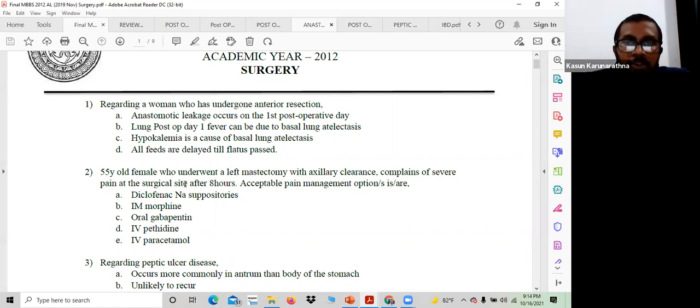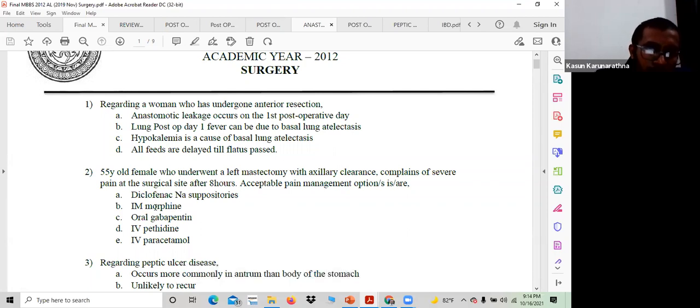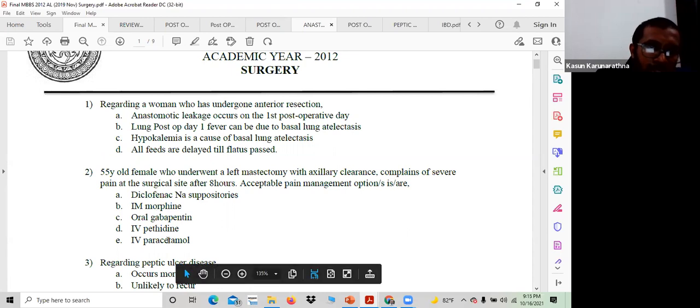Acceptable pain management options. This is acute pain, post-operative acute pain management, right? Diclofenac suppositories, IM morphine, pethidine, and paracetamol all are options, right?